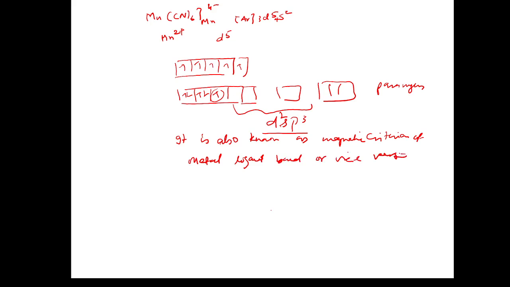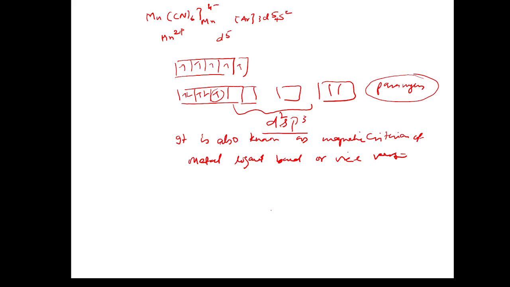If we know the magnetic moment, we know that it is paramagnetic, so rearrangement will happen. Other way, if we know the magnetic moment, we can predict the metal ligand bond. If we know the metal ligand bond, we can predict the magnetic moment like that. So he has explained.